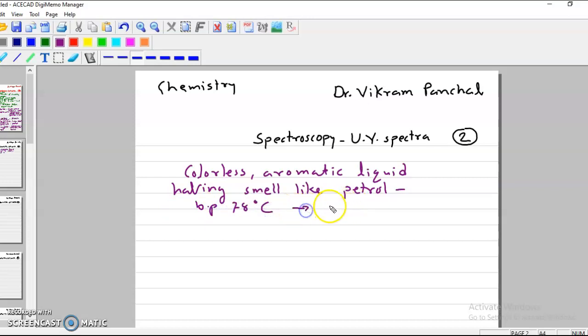So your given compound is a hydrocarbon, and as the boiling point is 78 degrees Celsius, it must be benzene. This way we confirm that the given compound is benzene.